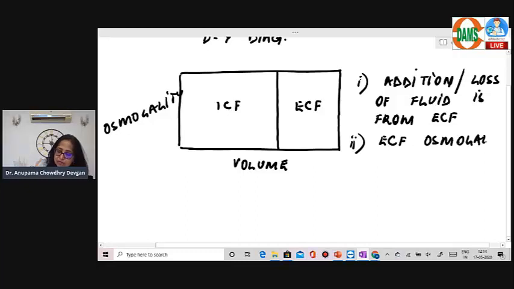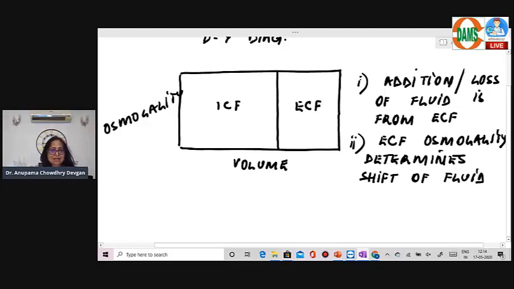Whenever you add fluid to the body, that means if you give an intravenous fluid, for instance, it will first go to the ECF. Now, ECF osmolality determines the shift of fluid. That means, will this shift of fluid be from ECF to ICF or ICF to ECF? This will be determined by the ECF osmolality.